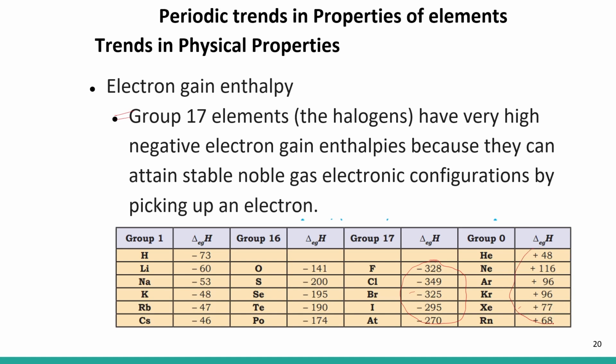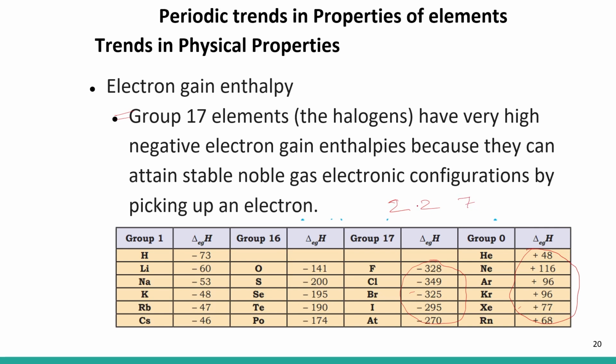Suppose you have a fluorine atom. The octet of fluorine is not complete. It will have a lesser number of electrons than 8. It will have 2 plus 2 plus 5, so 9 electrons are there. 2 plus 2 plus 7?